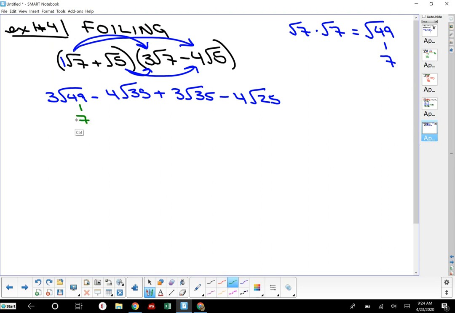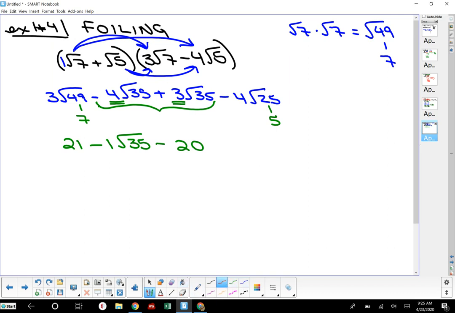Rad 49 is just 7, so this term becomes 21. These two terms can get added together. So negative 4 plus 3 is negative 1 radical 35. Radical 25 is just plain 5, so this is minus 20.